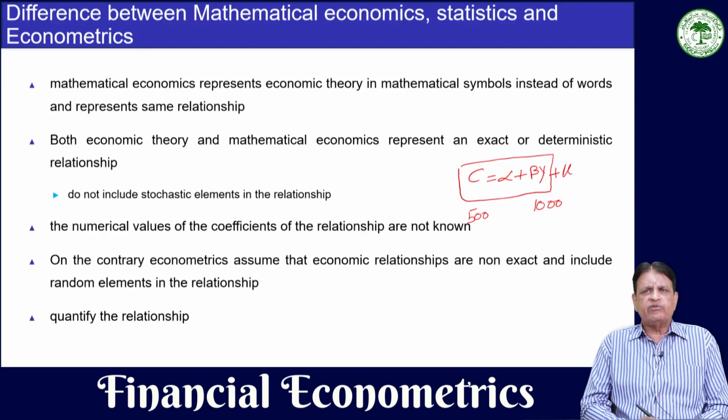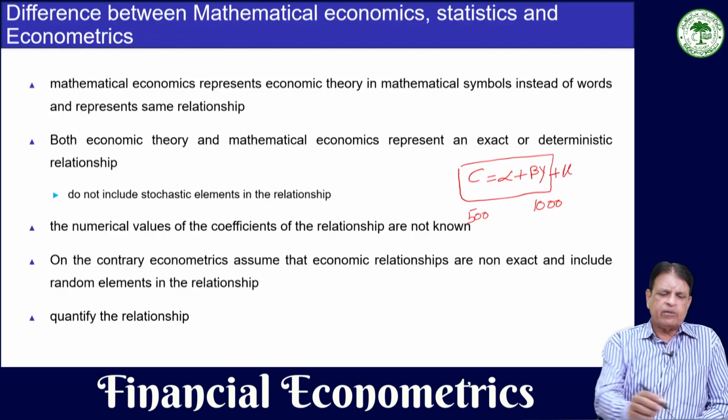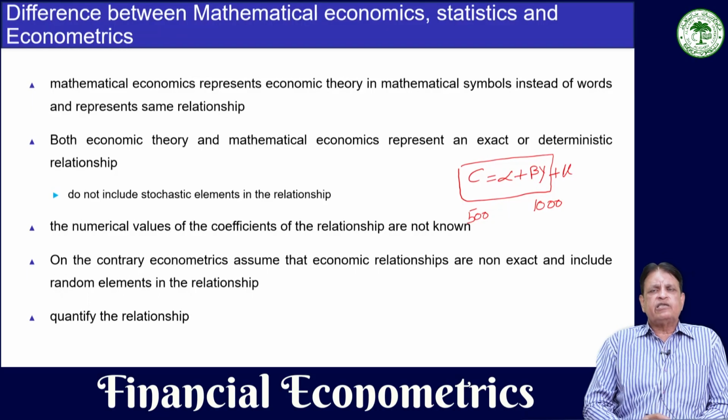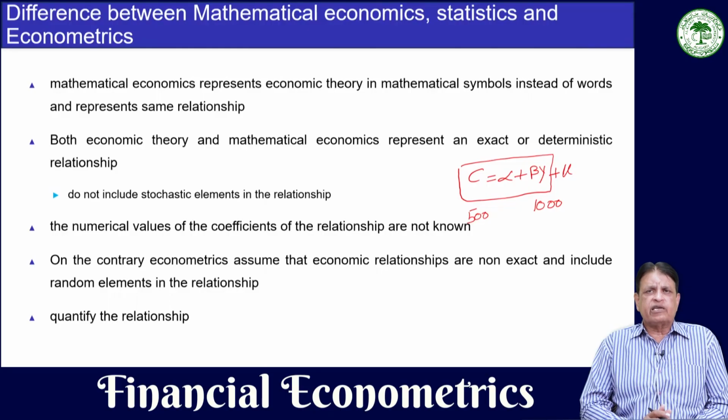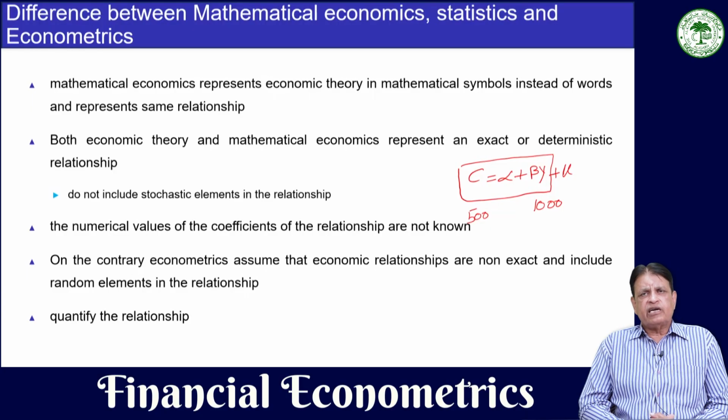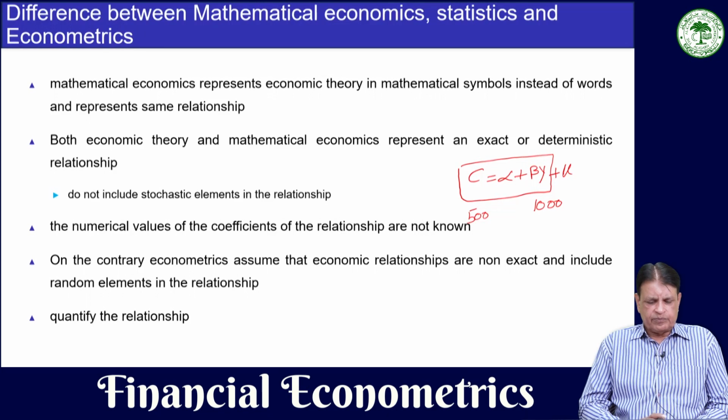When we modify these tools and techniques to suit the problems in economics, this becomes econometrics. That's why econometrics is usually called a combination of economic theory, statistics and mathematics.